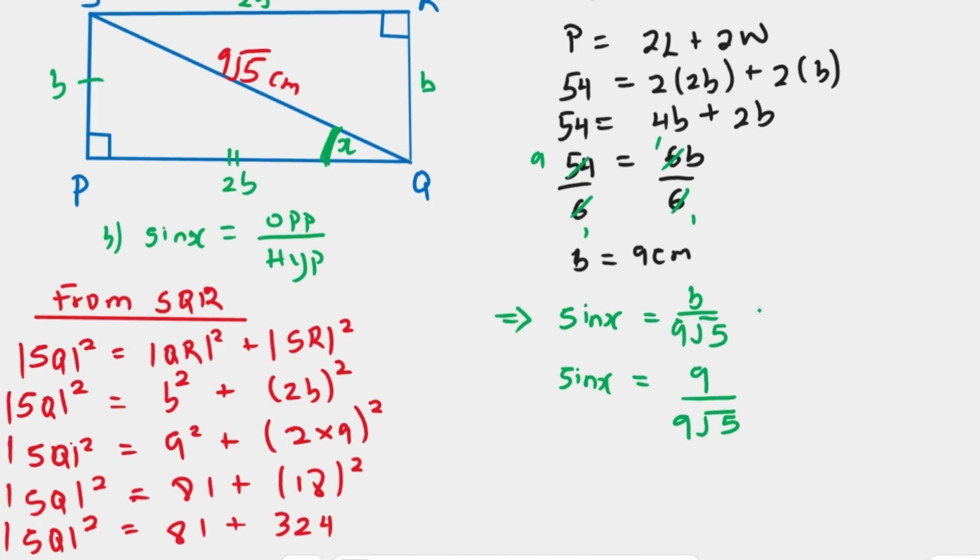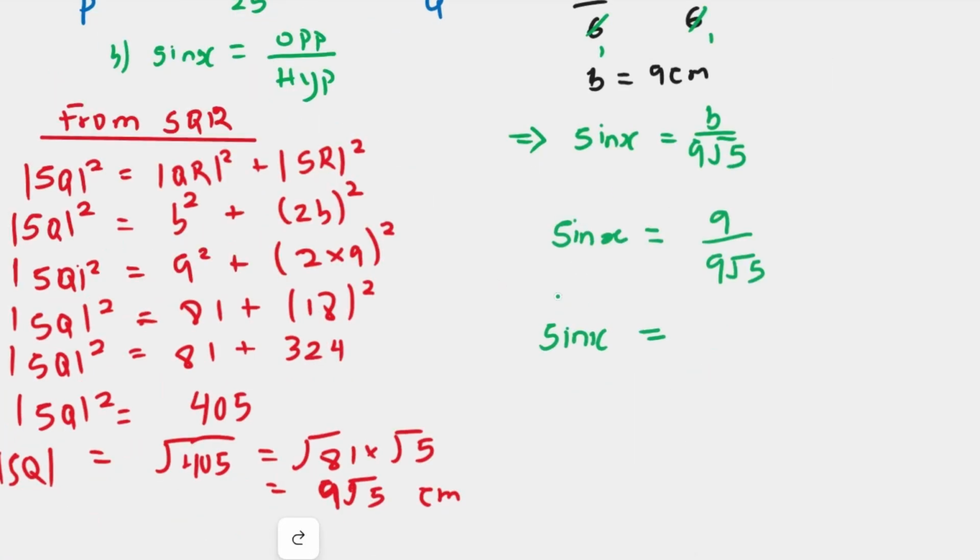This can be simplified. Okay, so we can simplify this one. 9 goes into itself one time, and it goes into 9, 1 here. So that means we'll be getting 1 out of the root of 5. So that's what we have. Now we can rationalize the denominator. The denominator is a surd. We can rationalize it by multiplying both the numerator and the denominator by root 5.